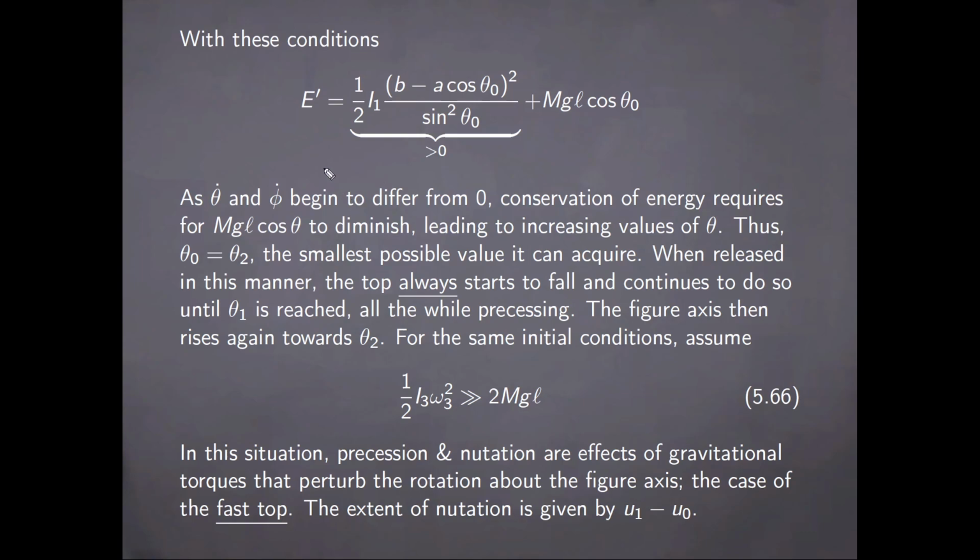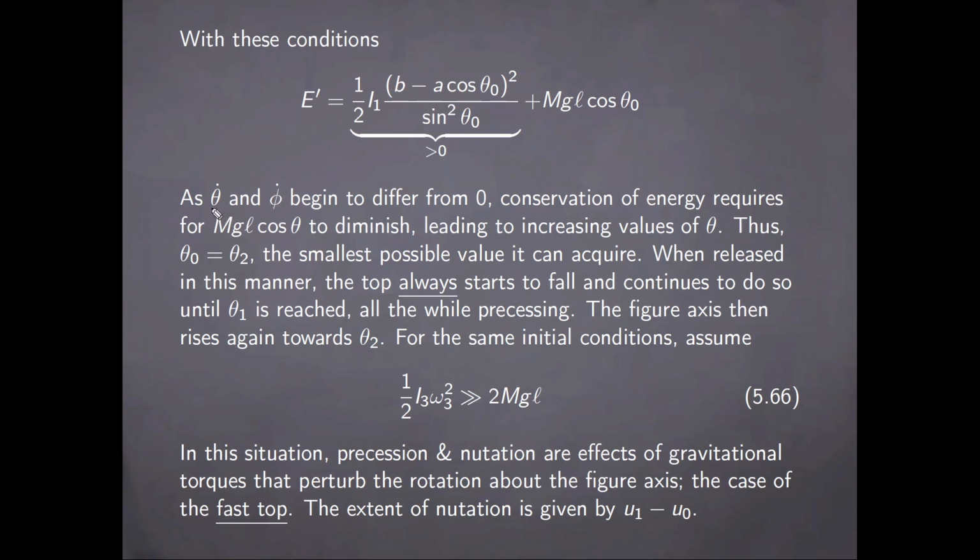Now, with these conditions, if we look at the energy of the system from which we have subtracted the spin motion, we notice that the kinetic term is always positive.